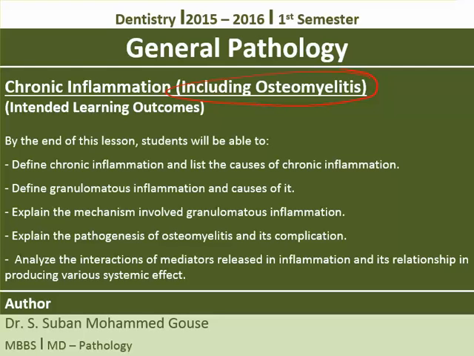The learning outcome, which means what we expect you girls to do after this lecture, is that you are able to define what is chronic inflammation, list the causes of chronic inflammation, and define a special type of chronic inflammation called granulomatous inflammation and its causes. You should also be able to explain the mechanism involved in granulomatous inflammation and the pathogenesis of osteomyelitis.